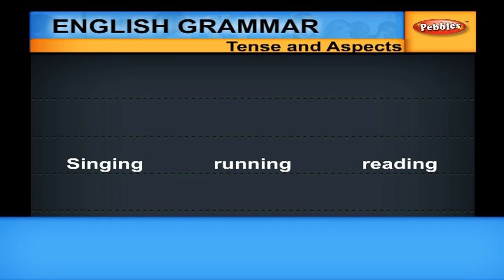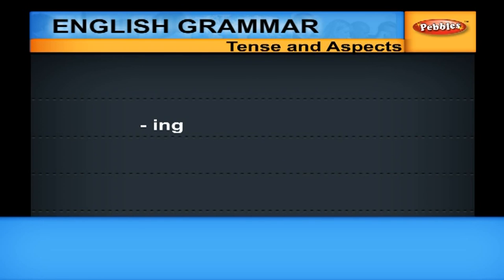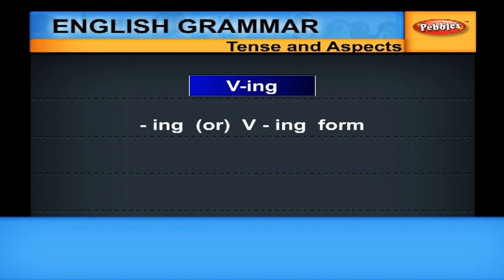The ing form, we call it the present participle. The ing form is not independent. It needs a helping verb or auxiliary to form a verbal structure. We use ing or VING form in the formation of continuous aspects.